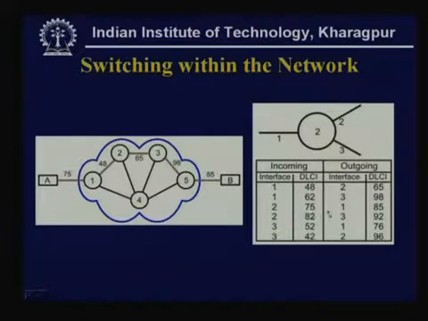And when it comes from the other direction, that means comes from 2 to 1, when it goes in the reverse direction, as you can see the DLCI numbers are different. That is how the full duplex communication can be done.